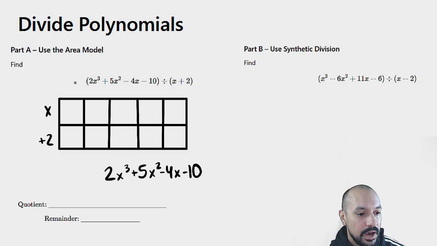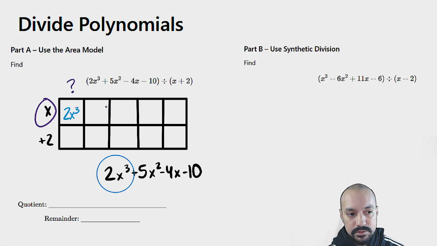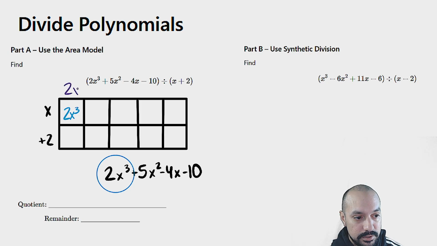Alright, I know this very first box on the top left has to be 2x to the third. So I'm asking myself, x times what is going to give me 2x to the third? Well, that box there has to be 2x squared. So I've officially made a decision.